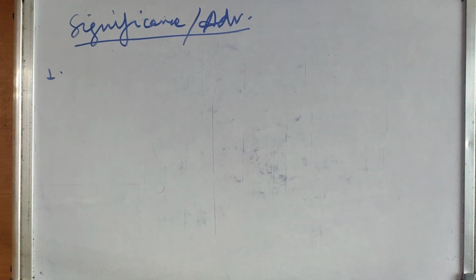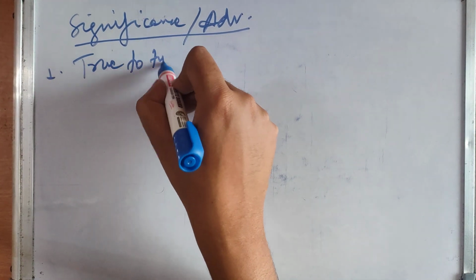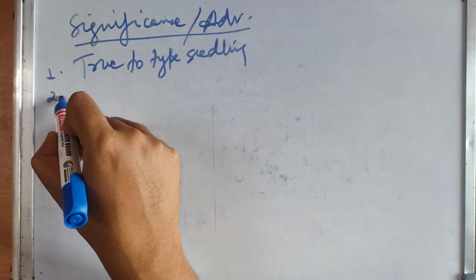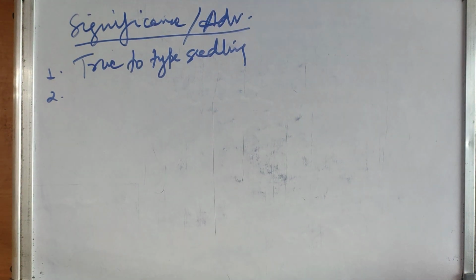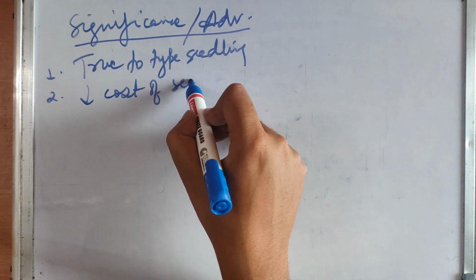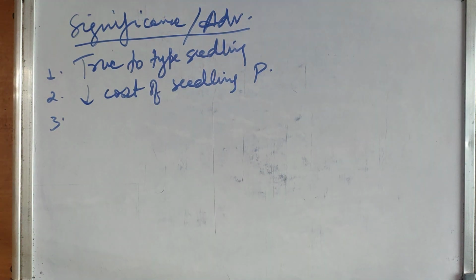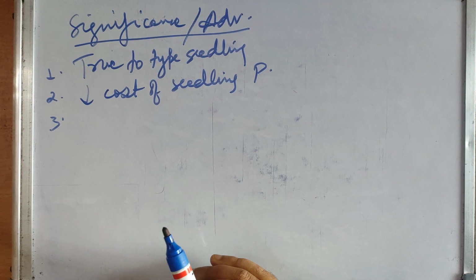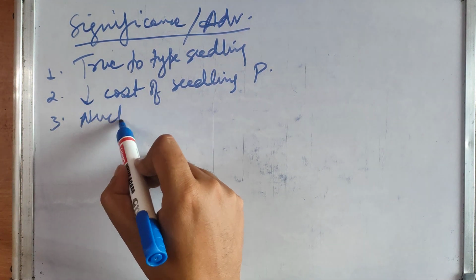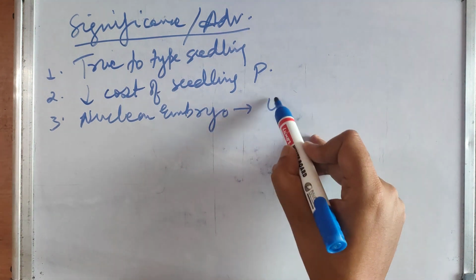First of all, it obtains true to type seedlings. Secondly, there is reduced cost of seedling production, as many seeds can be produced in less time. Embryos developed from the nucellar embryo provide uniform seedlings.